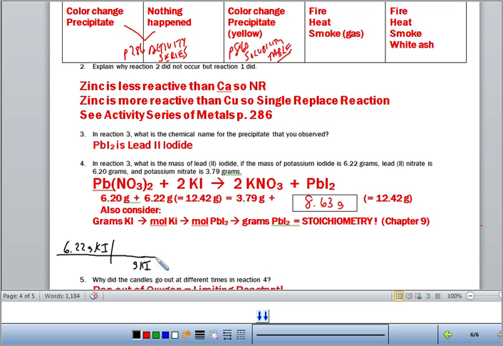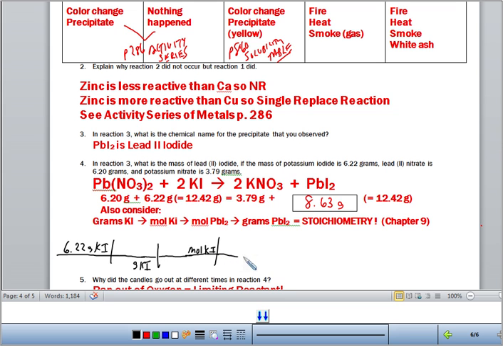And what we want to convert to is going to be in the numerator. So we want moles of potassium iodide. Okay? So hurry up and do that calculation real quick. Moles of potassium iodide. Okay?